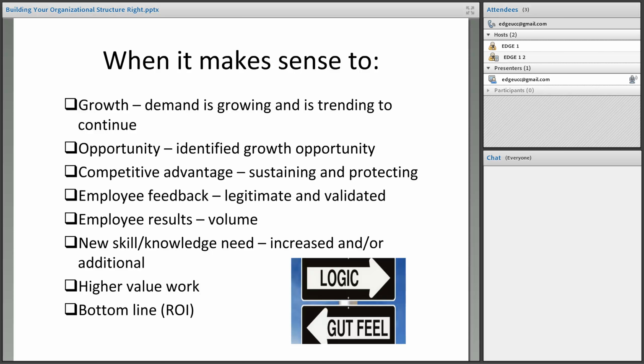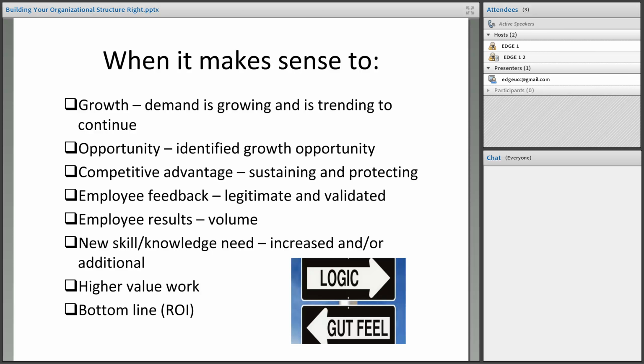And higher value work. So what I mean with that one is, and this is especially true for organizations that are starting small and are now at that busting at the seams piece of it, we always want to look at what we do and make sure that we're focusing on the higher value work, the work where we contribute the best with our skills and our knowledge.